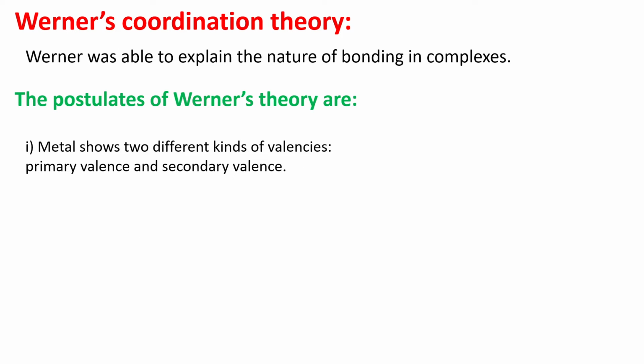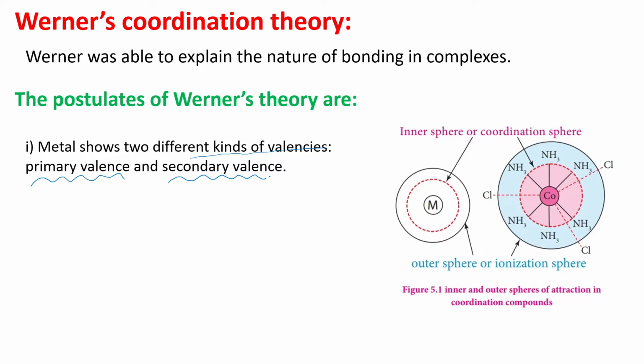The first postulate was that the metal shows two different kinds of valencies, primary valency and secondary valency. Okay. So as you know, in a coordination complex, a metal is there and there is an inner coordination sphere. The inner coordination sphere is where your ammonia molecules were present with the cobalt ion.